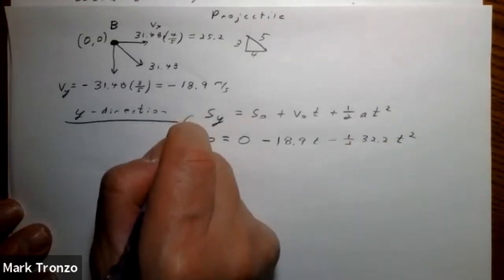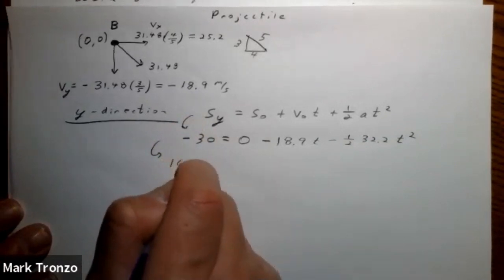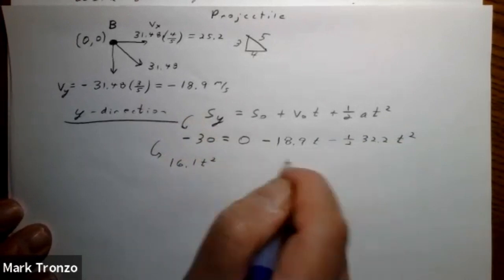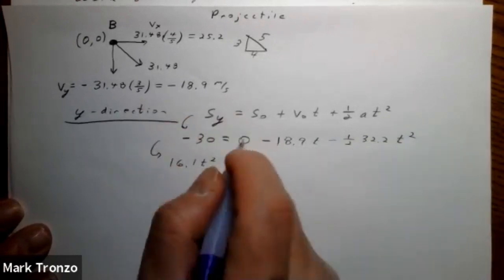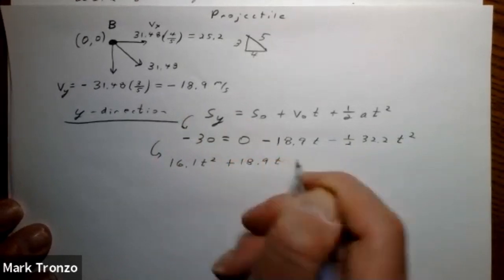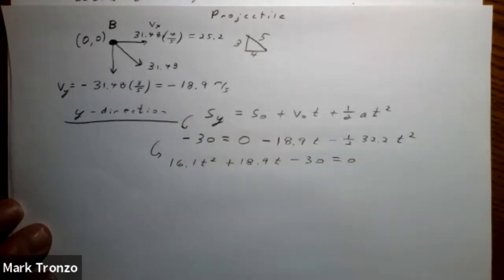We'll rearrange everything and bring it all over to the left: 16.1 t squared plus 18.9 t minus 30 is 0.